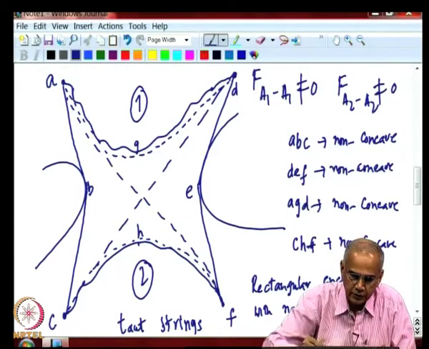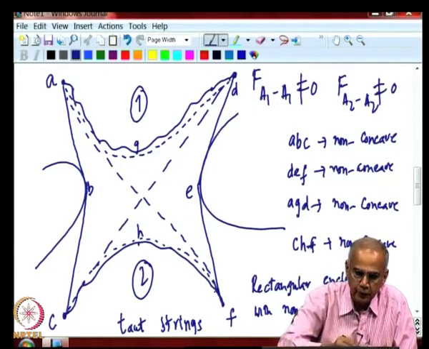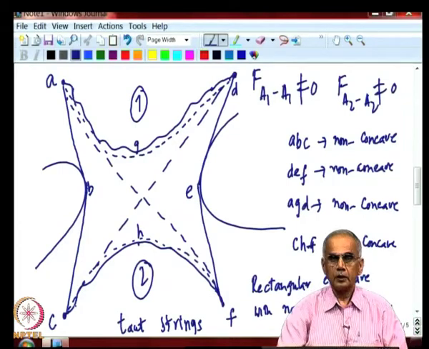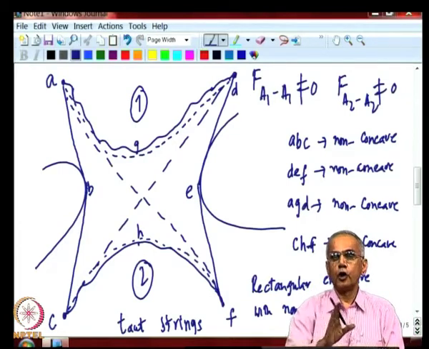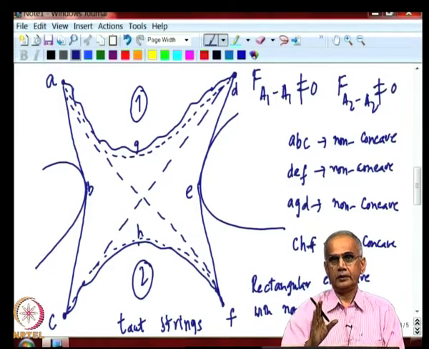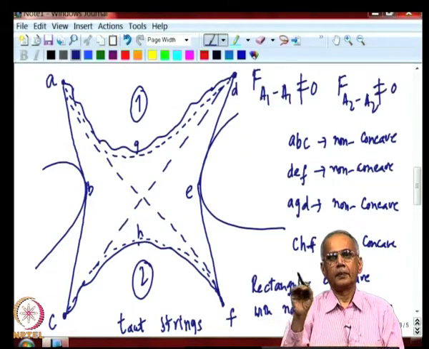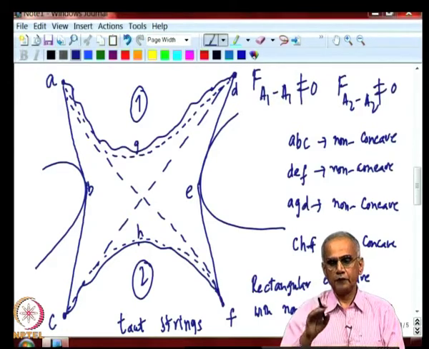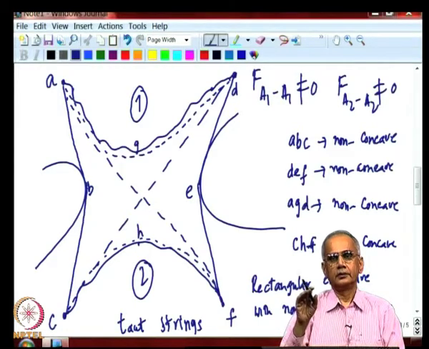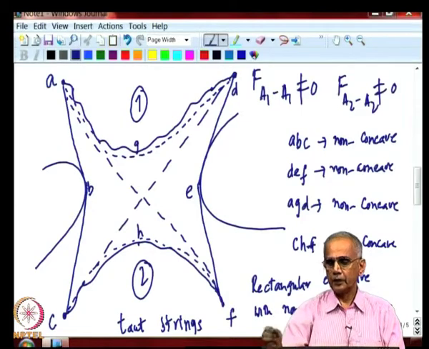We are drawing two cross strings here and two parallel strings here, and all these strings are so drawn that the triangle that emerges from this construction contains non-concave surfaces, and hence the self viewing factor is 0. So, we can apply the triangle formula to get the result in terms of the length of these strings.